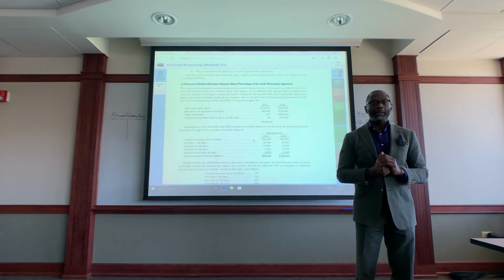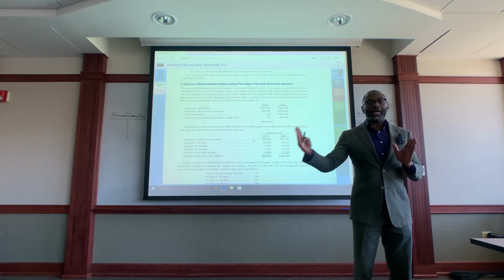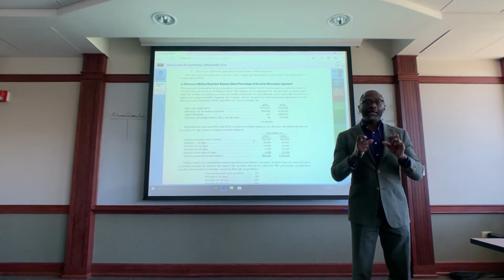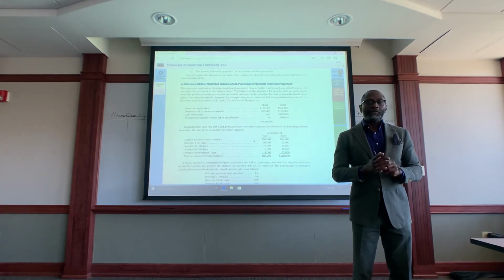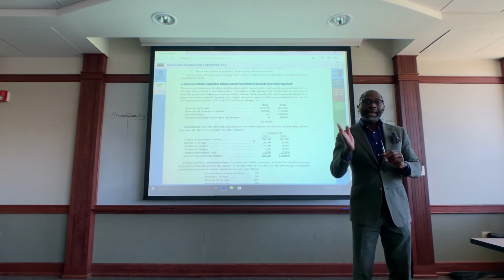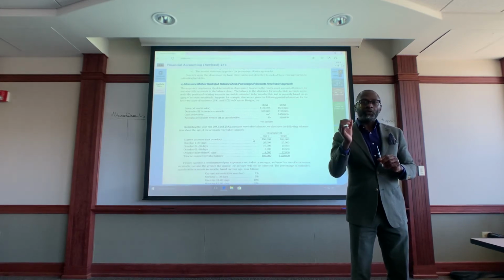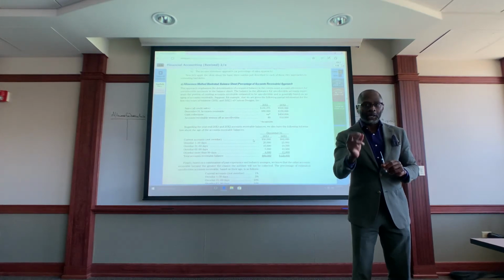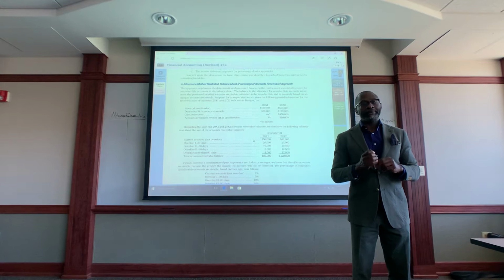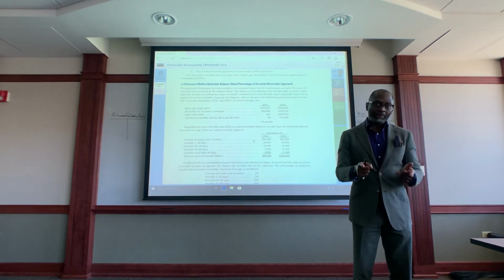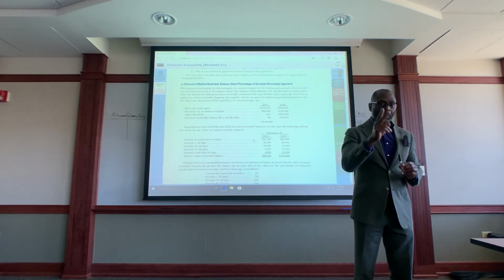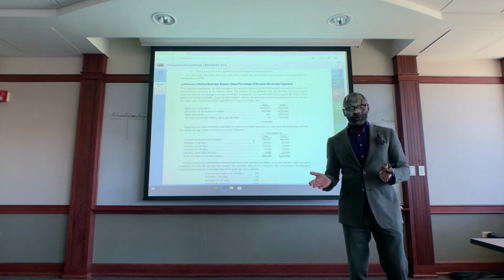By doing an aging, we arrive at a number that represents the ending balance in the allowance for bad debt, or the allowance for uncollectible accounts, or the allowance for doubtful accounts. Three names, same account.